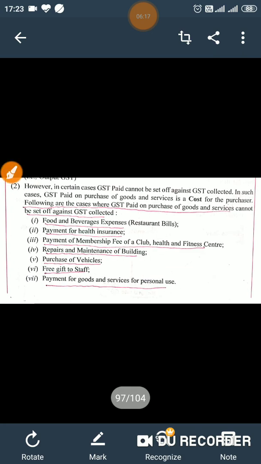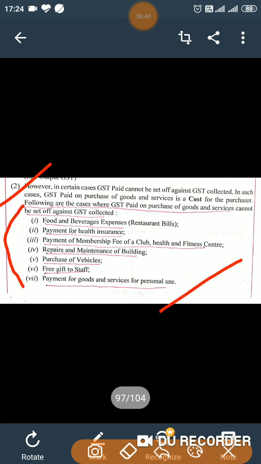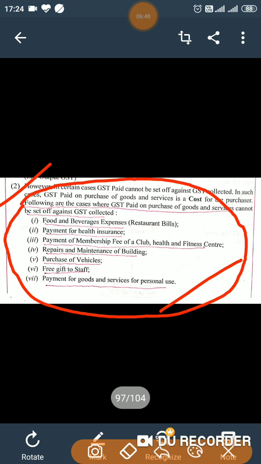Now the next point: in certain cases, GST paid cannot be set off against GST collected. In such cases, GST paid on purchase of goods and services is a cost for the purchaser. Following are the cases where GST paid on purchase of goods and services cannot be set off against GST collected. These are the cases where GST paid is not treated as an asset because you cannot recover it.